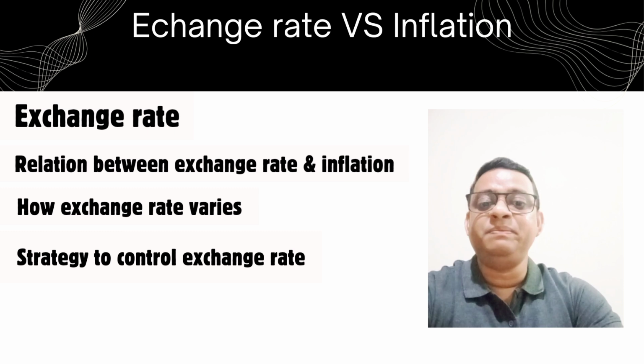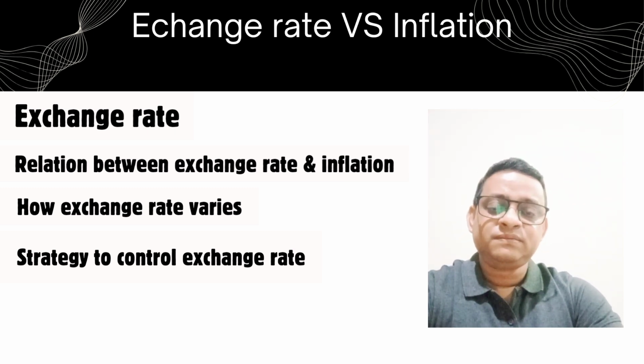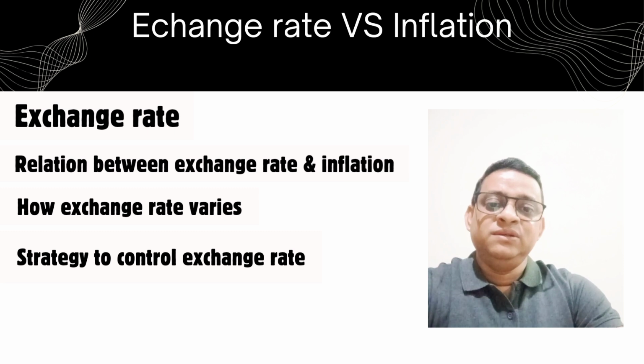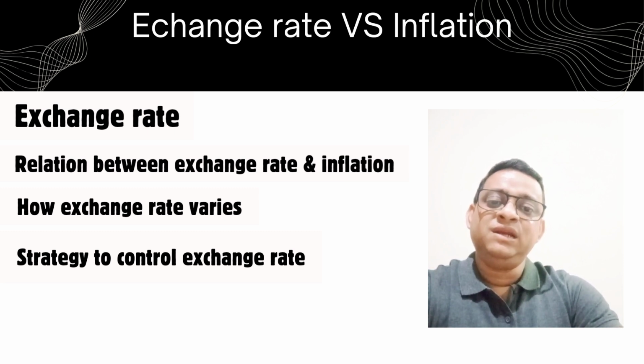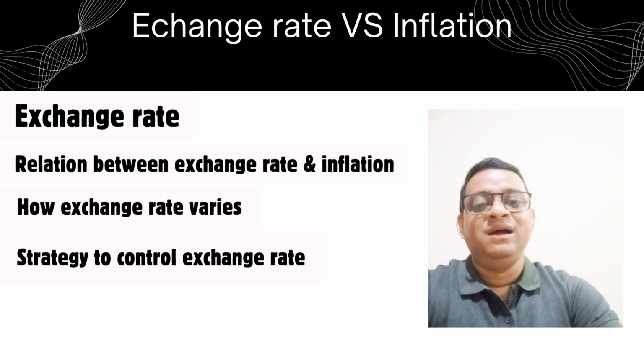So obviously the price of the product will be on the higher side in the country. Thus we can conclude that if the exchange rate increases, then the rate of inflation will always be on the higher side.